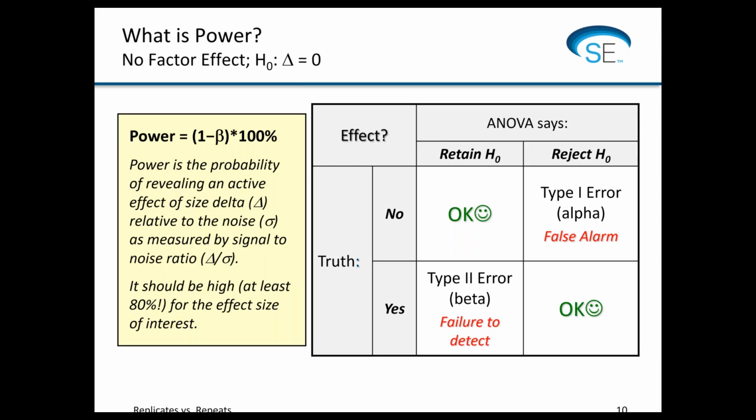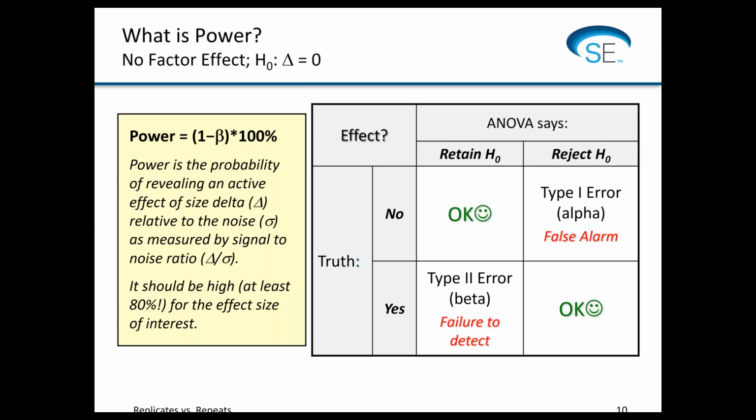And then the ANOVA gives us information about whether we think the change we observed is real or it's not. So if the truth is there is no effect, and we run the analysis of variance, and the analysis of variance says you don't have enough information to reject the null hypothesis, you have to retain it, that's okay. There was no effect and we didn't detect an effect.